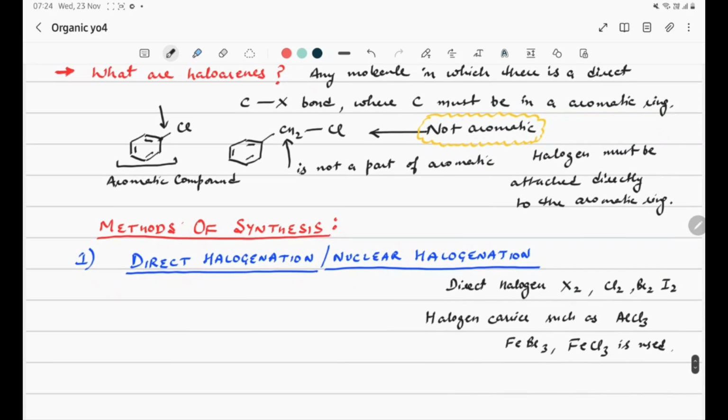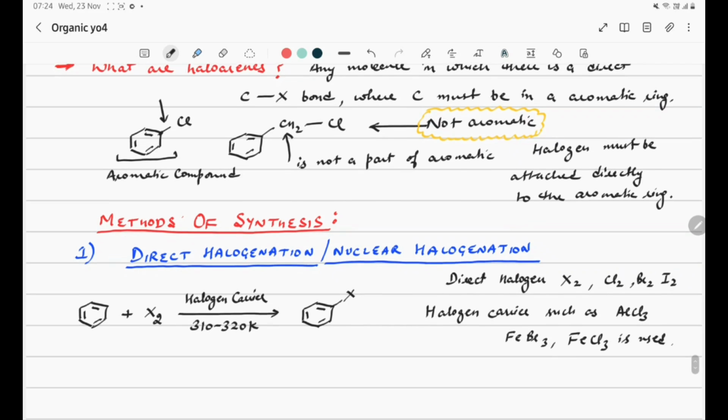So coming to the reaction, the general reaction is that benzene is treated with a halogen, using a catalyst which is a halogen carrier, heated at a temperature of 310 to 320 Kelvin, and we get a haloarene as the final product.